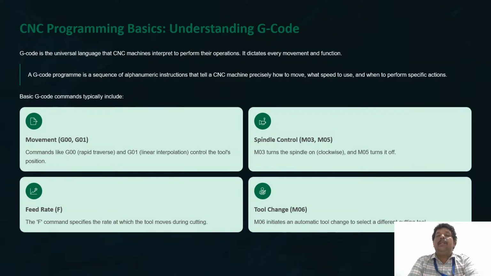All these things will be decided, and we will assign a feed rate in millimeters per minute. And what else does G code do? We have codes to tell the machine whether we are running the program in millimeters or in inches. Such things are all contained in the G code.